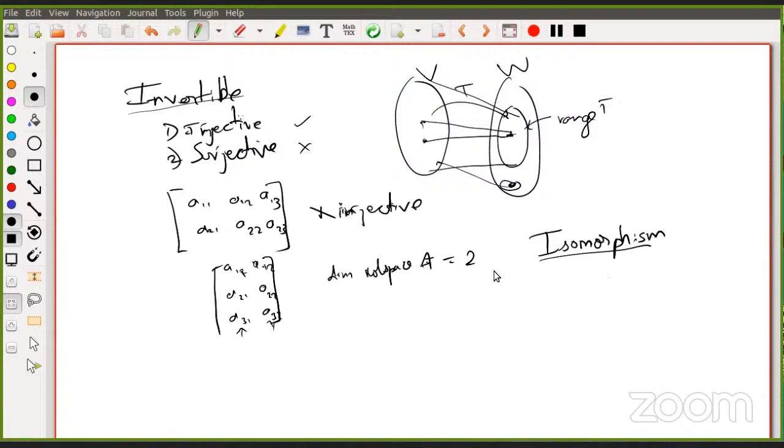So in this case, obviously, if you have a tall matrix or a fat matrix, the dimensions of V and W are different, which means it can't be an isomorphism. So there can't be any invertible linear map. The idea is that once you see a tall matrix or a fat matrix, you should instantly remind yourself whether it's injective or surjective.